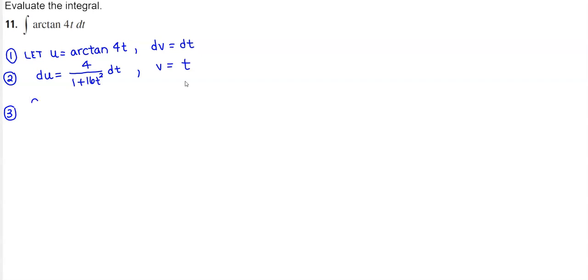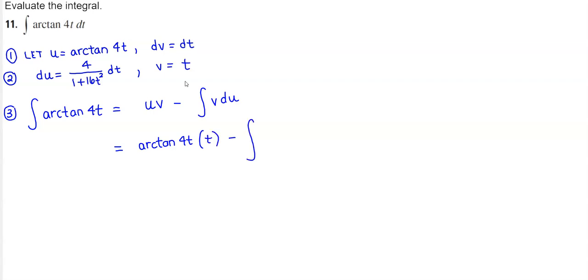So now let's go ahead and rewrite the question, using the formula for integration by parts, which is u times v minus the integral of v du. So we know that u is the arctangent of 4t. We're multiplying it by v, which is t, minus the integral of v, which is t, times du, which is 4 over 1 plus 16t squared dt.